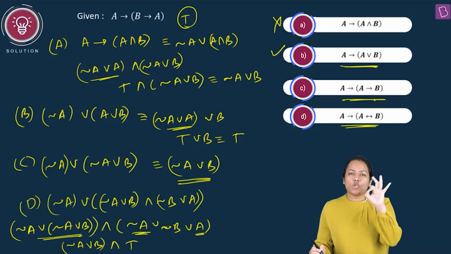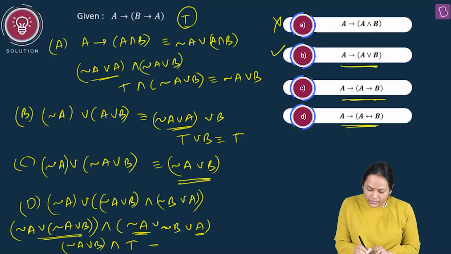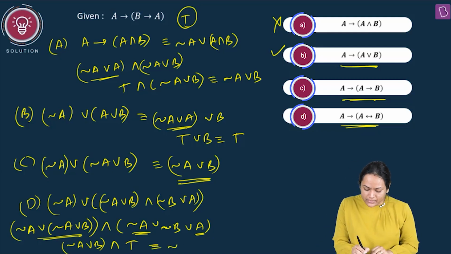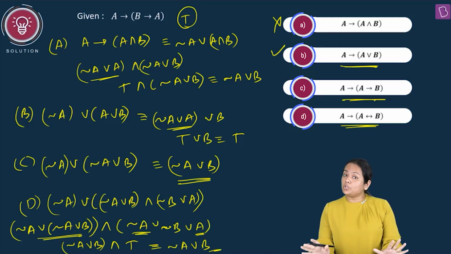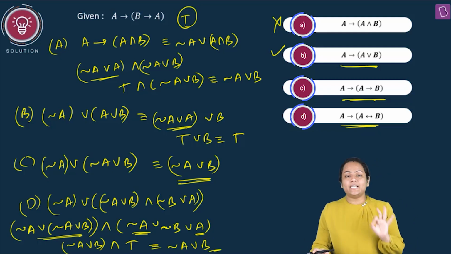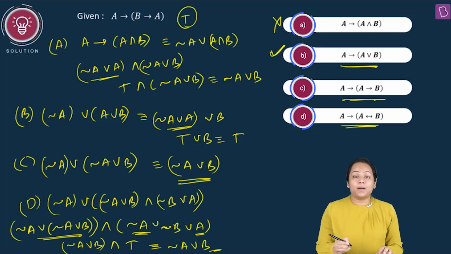And when I take tautology and with one statement, it finally gives that statement, that is negation A or B. So again, this is not equal to the tautology. That means finally I can say that my answer is option B. Understood? Perfect.